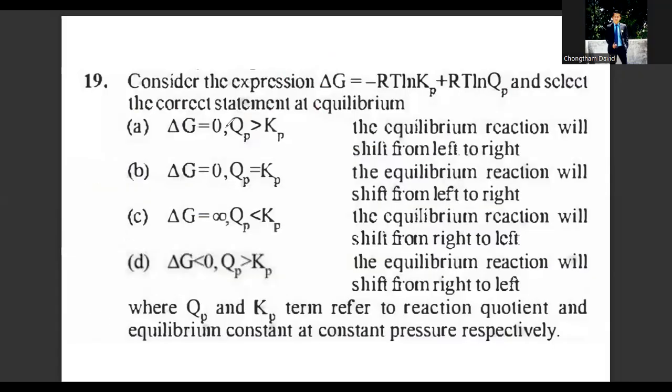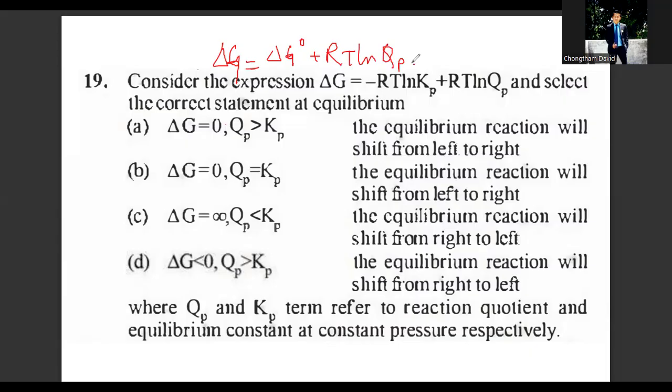Question number 19. The expression delta G is equal to minus RT ln Kp plus RT ln Qp, select the correct statement at equilibrium. So the Van't Hoff reaction isotherm is given as delta G equals delta G naught plus RT ln Qp.